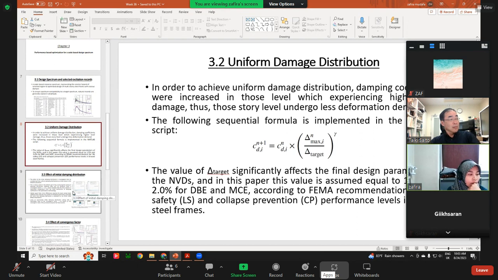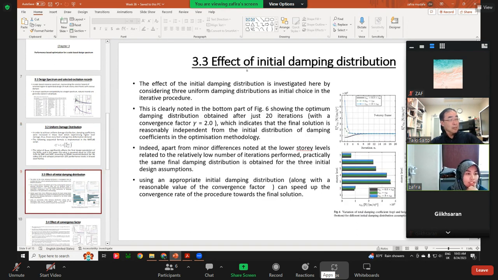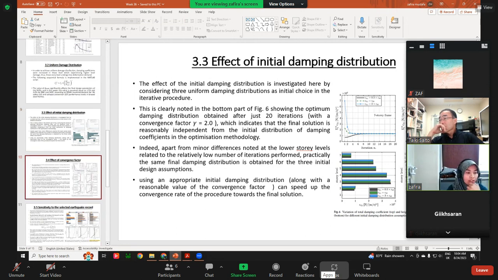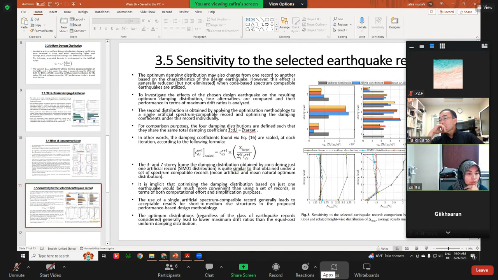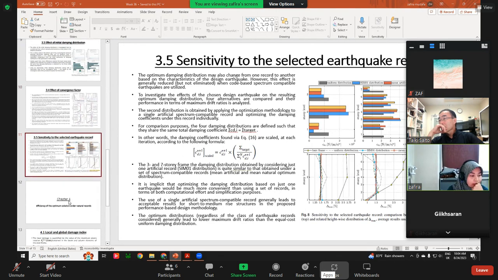And then it also talks about the effect of inertial damping distribution, and it also has the interaction and convergence effects, which I haven't really understood. I need more knowledge about interactions, how they do convergence and interaction in the design procedure. In the next chapter, it also talks about the sensitivity to the selection of earthquake records.